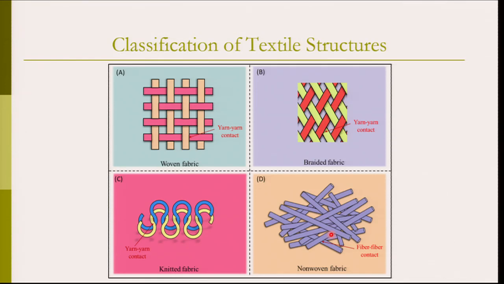The first 3 structures, figures A, B and C, are regular or very ordered structures. Figure D is a non-woven fabric, which is a highly disordered assembly of fibers. So you have different types of structures formed by means of fiber to fiber contacts.